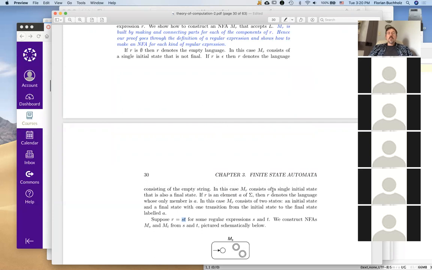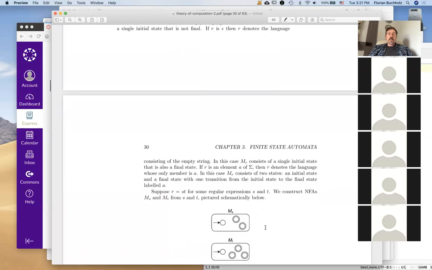So let's see if we can now have a rule for combining automata. If we have a regular expression that is the concatenation of two other regular expressions, this states that the regular expression R is the regular expression S concatenated with the regular expression T. That means we have some automaton MS that represents the regular expression S. Something like this.